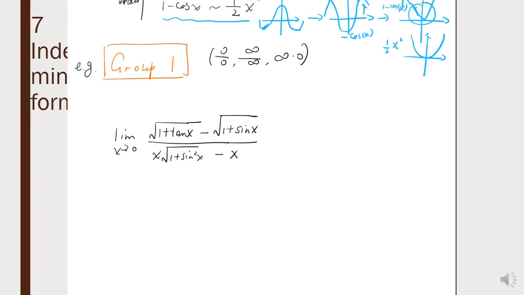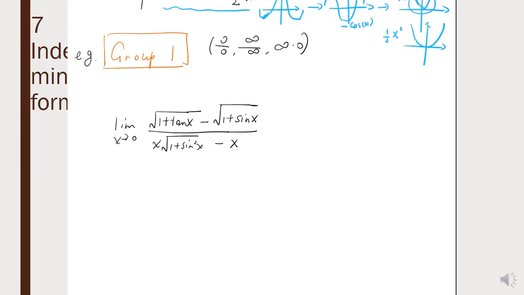For example, in the first group, out of the 7 forms, we have the 3 forms listed here: 0 over 0, infinity over infinity, infinity times 0. Here's one specific example. When x is approaching 0, tan x is going to be 0.